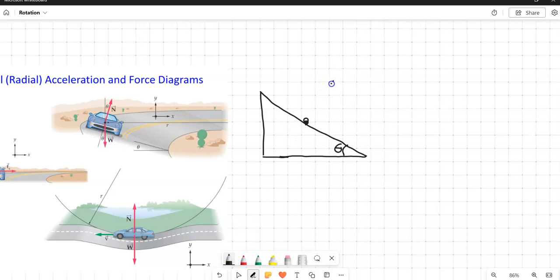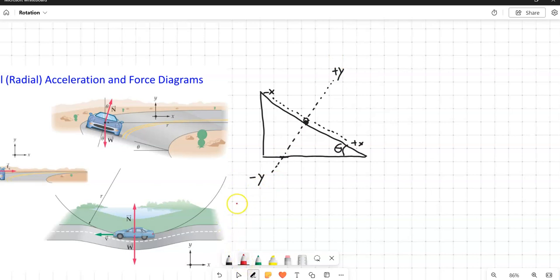So that means the coordinate system for this is just like what we did with any problem where the object was on an incline, okay? This is the positive x direction. This is the negative x direction. This is the positive y direction. This is the negative y direction, okay?